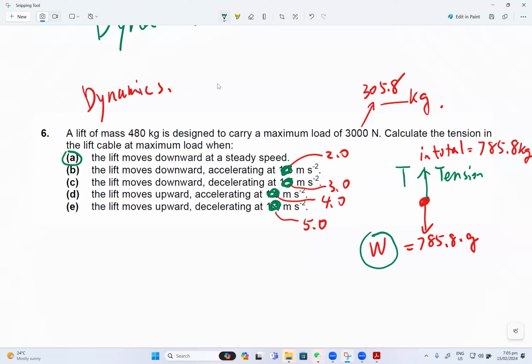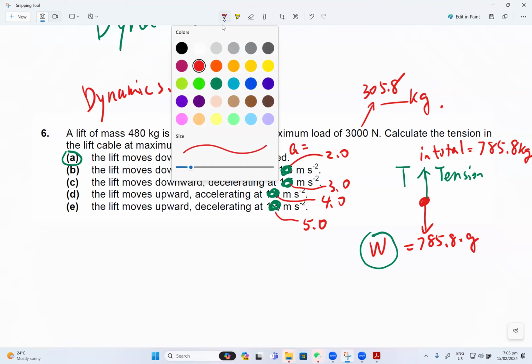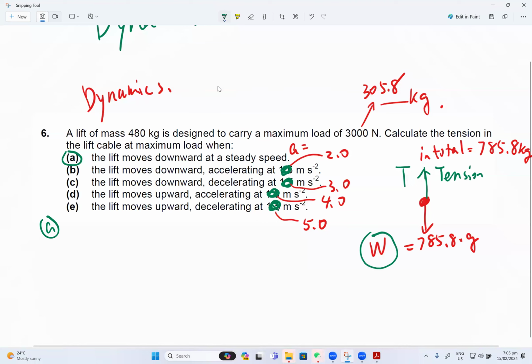If the speed is constant, for this motion just moving up and down, what's the acceleration? For A, acceleration equals 0, which means all forces balanced. So T equals W.